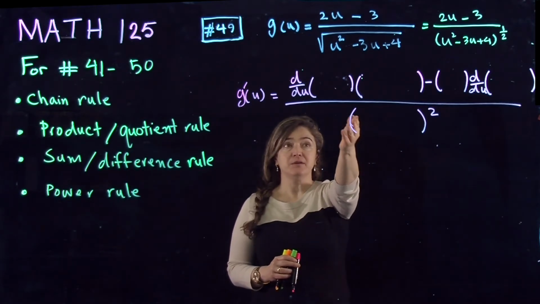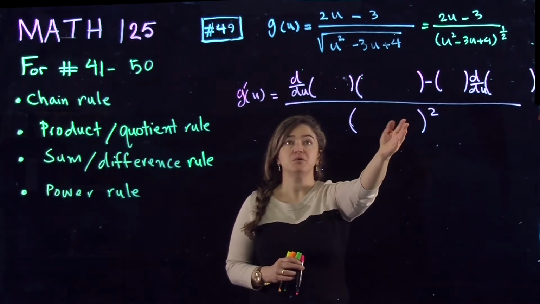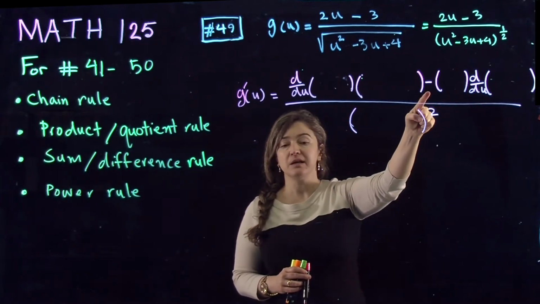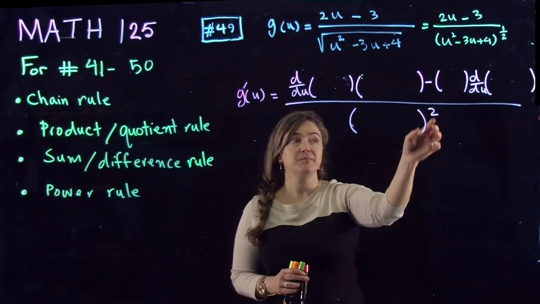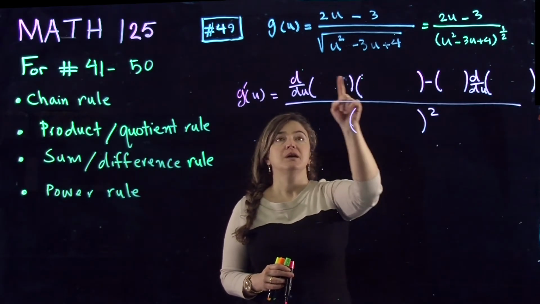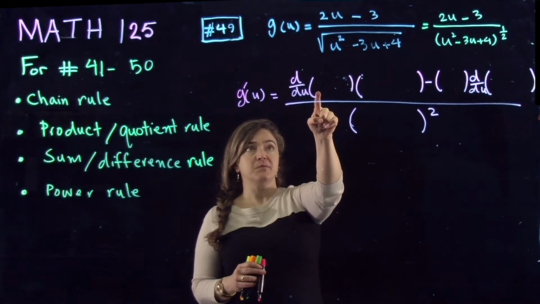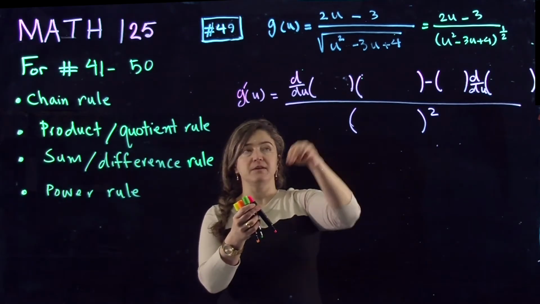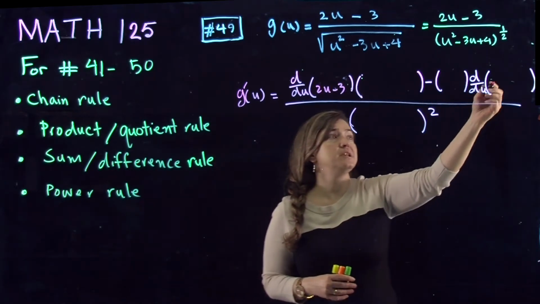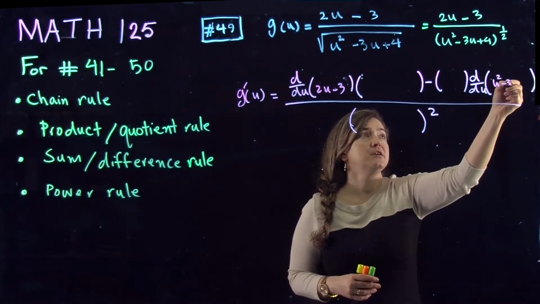Continuing with writing the quotient rule, we need 4 sets of parentheses with a negative sign connecting them, divided by the denominator to power 2. The first set of parentheses is going to be the derivative of the numerator. The last set of parentheses is going to be the derivative of the denominator.